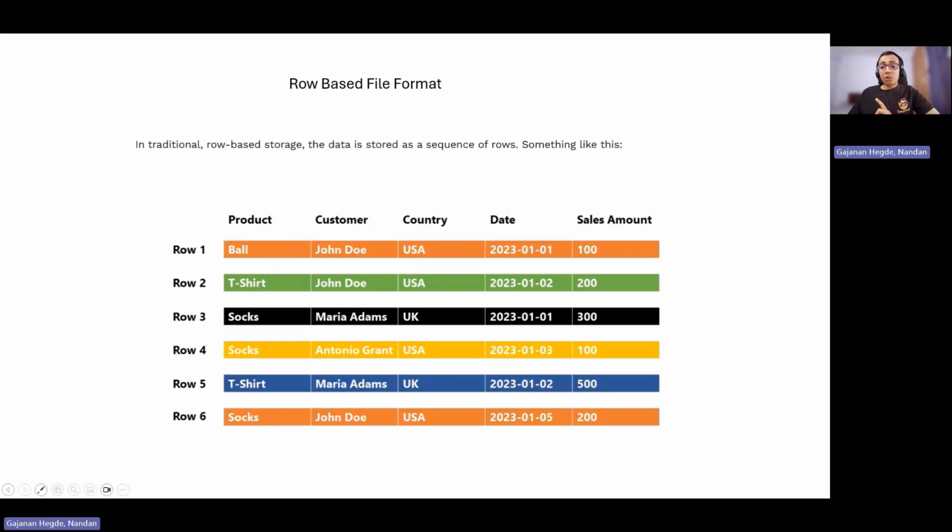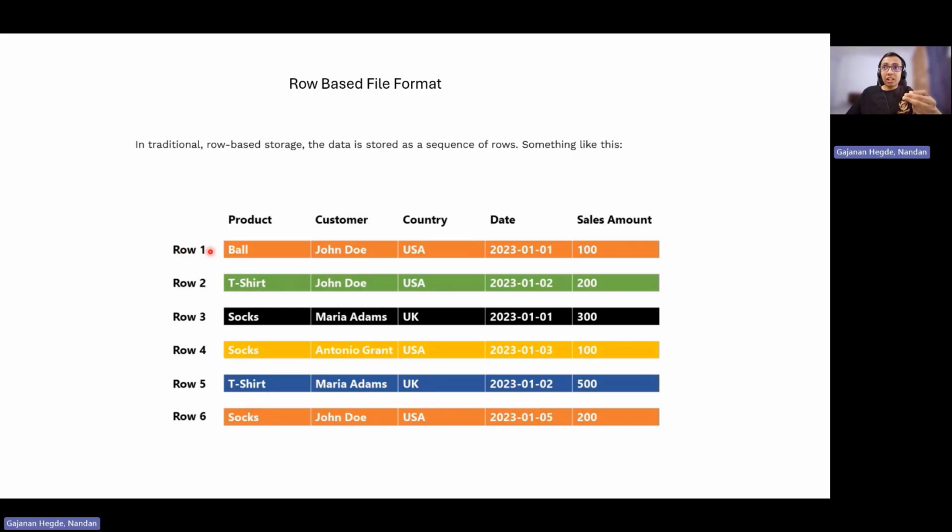Now in row-based file format, and this is the traditional file format, the data is stored as a sequence of rows, something like this, wherein these are the columns or the attributes of an entity. So this is my entity called sales table or sales file. Within that, I have different columns or what we call attributes like product, customer, country, date, and sales amount.